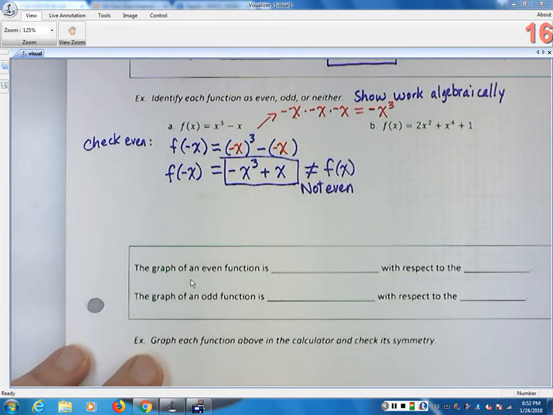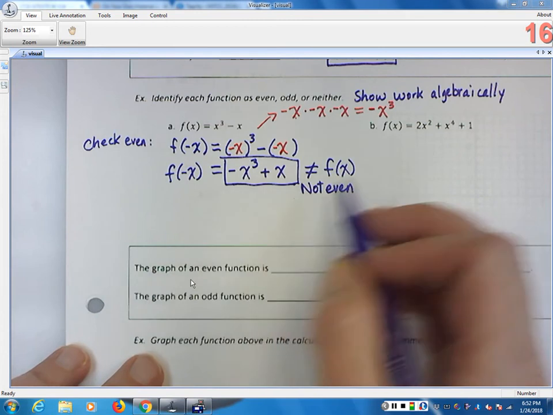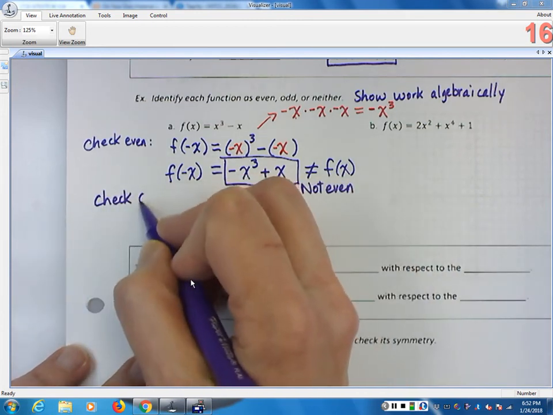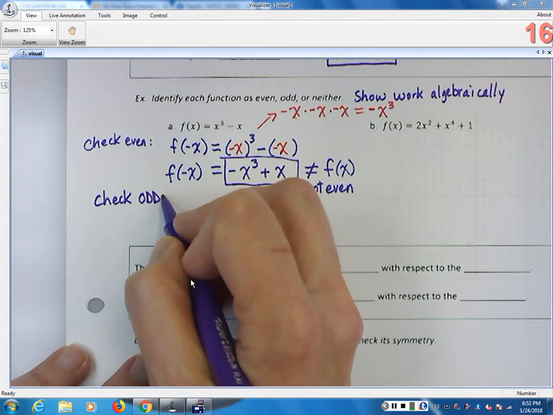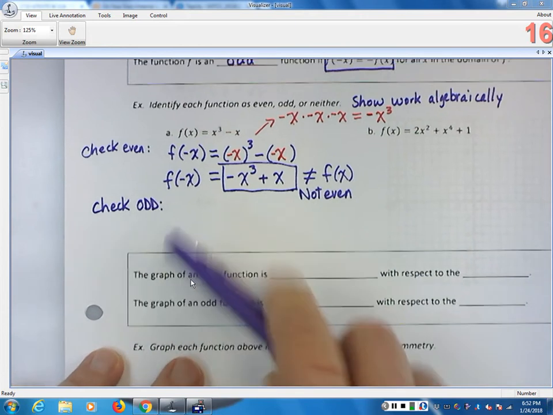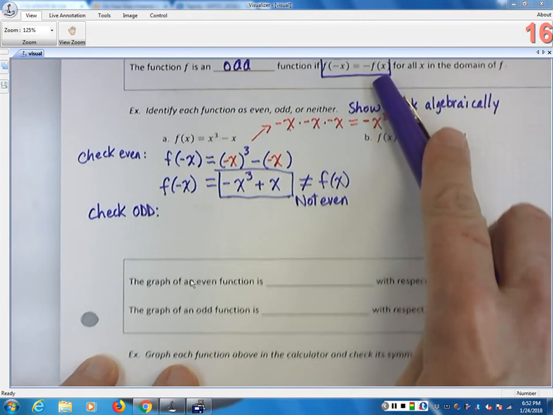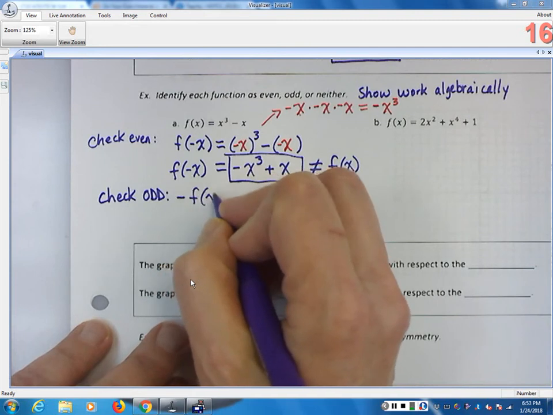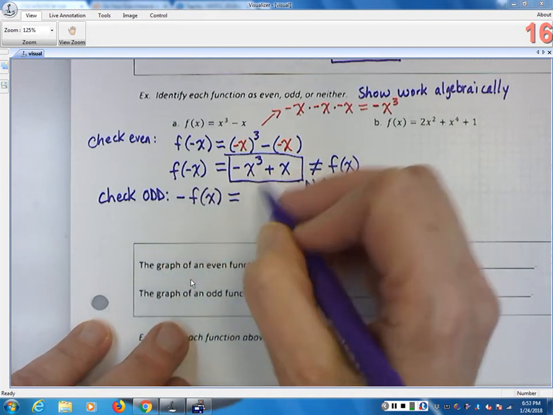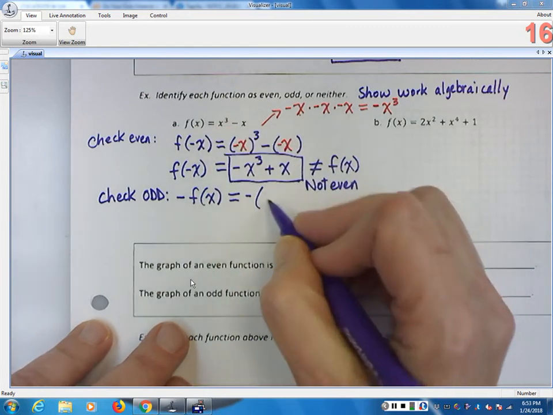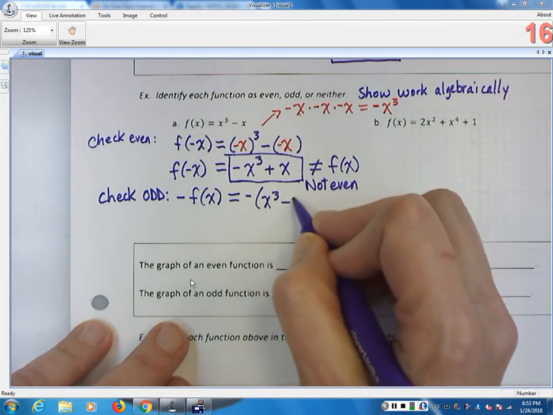Okay, and then we're going to check to see if it's odd. It can only be one of these three things. It's either even, odd, or neither. It can't be two of those. So we're going to check to see if it's odd. Now we have f of minus x. Let's find the opposite of f of x. The opposite of f of x equals the opposite, and you have to put this in parentheses, of x cubed minus x.